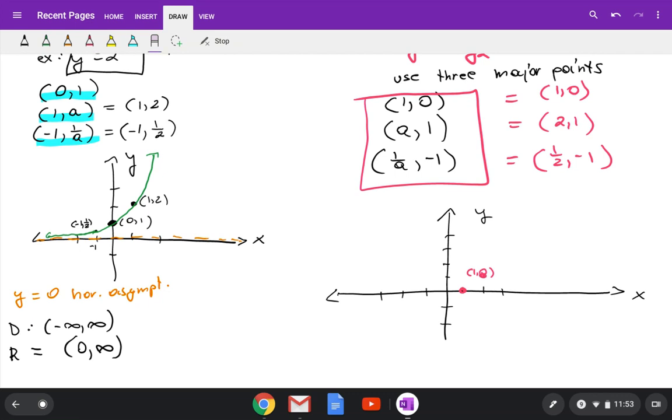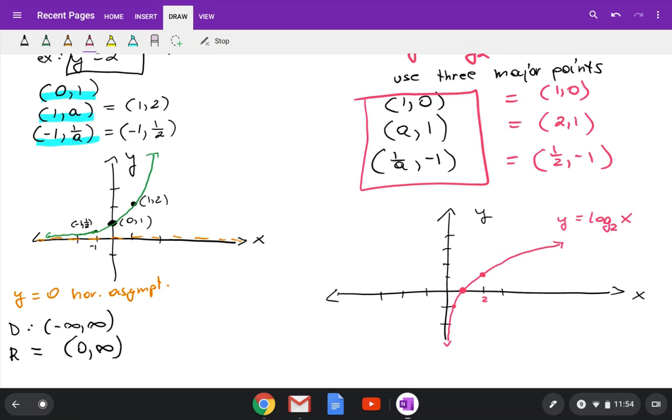I will just switch the color of writing. I'm not going to put the coordinates, but you see it. This is (2, 1) right here, and (1/2, negative 1) somewhere here. So this is the logarithmic function. Slowly increasing. So this is y equals log base 2 of x.